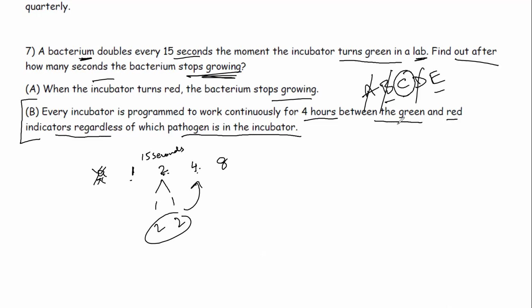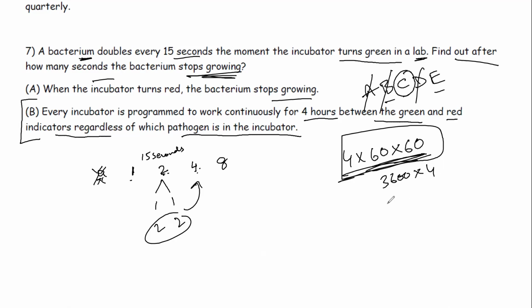Then we just need to figure out how many seconds. One hour has 3,600 seconds, so 4 hours will be 3,600 into 4, that's 14,400 seconds. We don't need to calculate the answer, so we know that C will give us the answer. If you've chosen B, that's a classic error. So be careful.